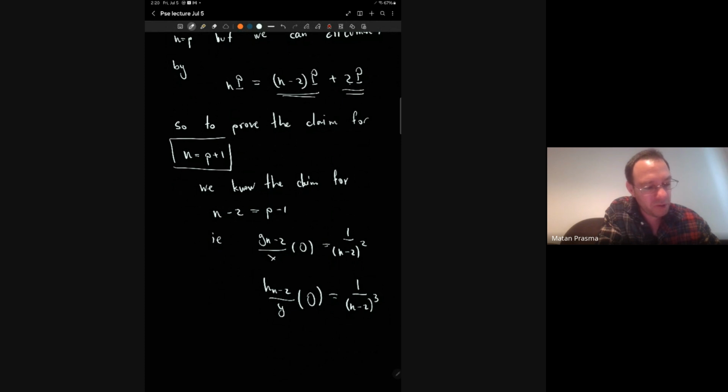And for 2, I also know the claim. So here this is g_n h_n, but I will be able to express g_n h_n as an elliptic curve sum, or sum of rational functions, where I get g_{n-2} h_{n-2}, and here I have g_2 and h_2.